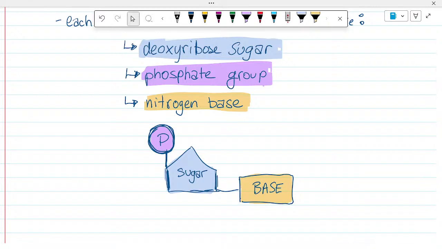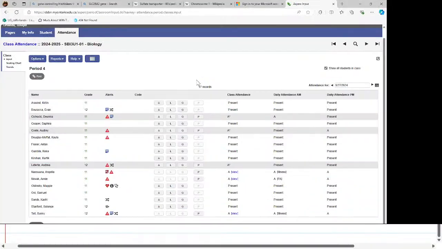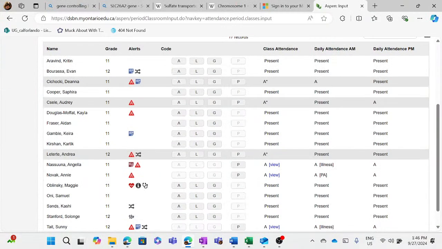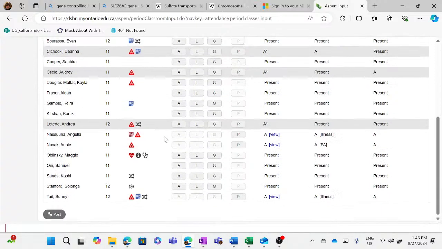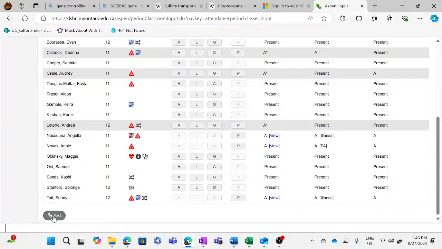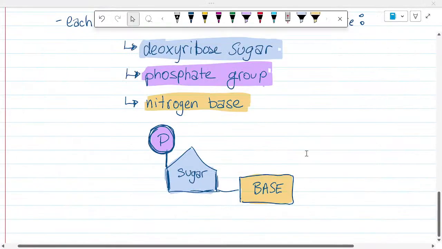Critton is here. Evan is here. No Deanna. Saphira is here. No Audrey. Kayla's here. Aiden's here. Kira's here. Kartik's here. No Andrea. No Angela. No Annie. Max is here. Sam is here. Sam's here, right? Yeah, Sam's here. I don't know what just happened there. Cashew's here, Solange is here. Okay, there we go.